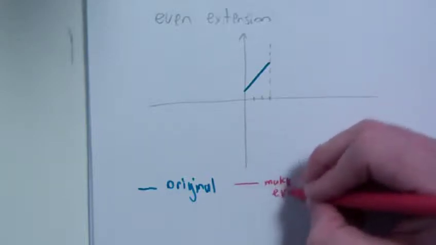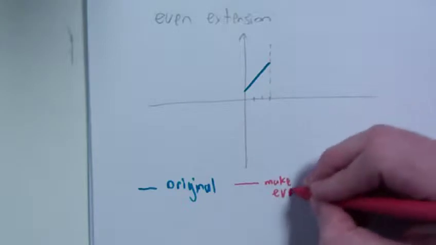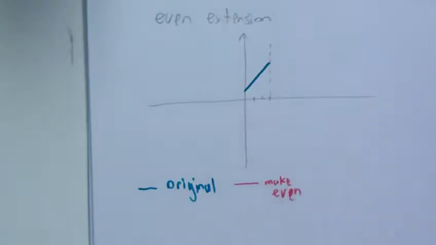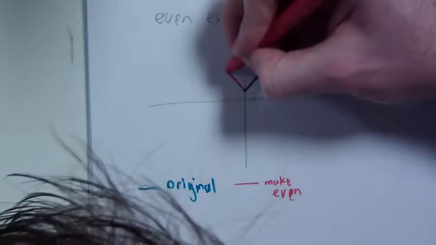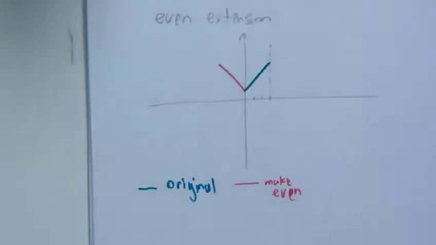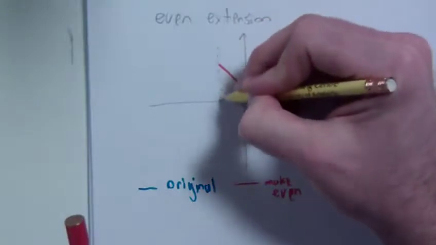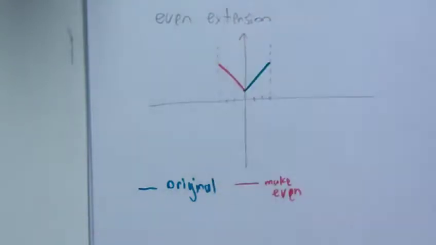Then I make it even, that's step 2. It's even now. Like that. And then I make it periodic.